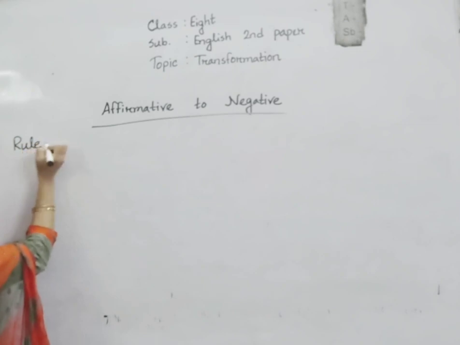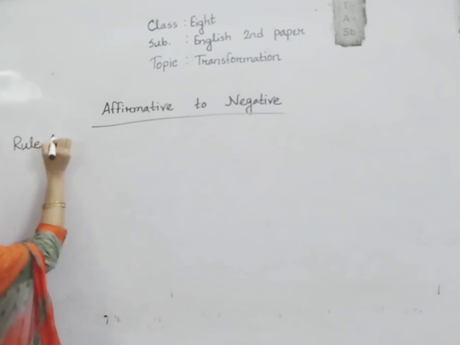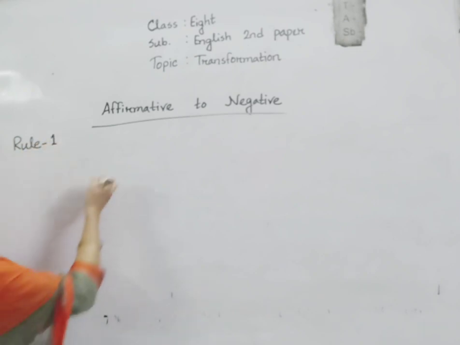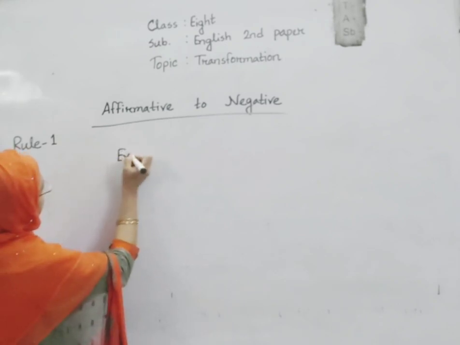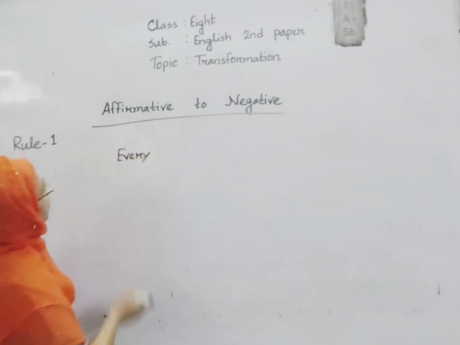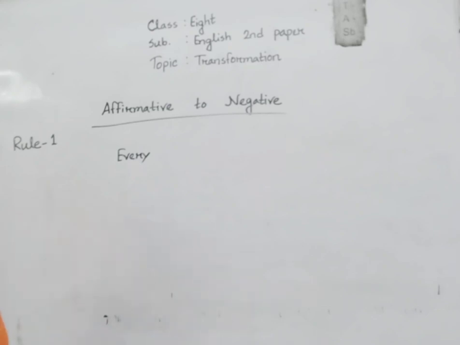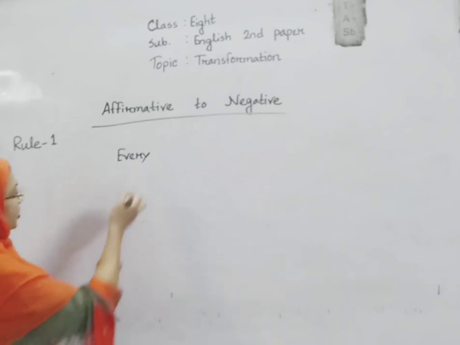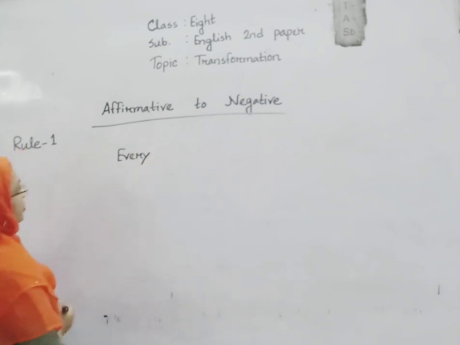Rule number 1 for today is every. You can see every in affirmative sentence. Then if you have to make it negative, you can make it negative in 3 ways.